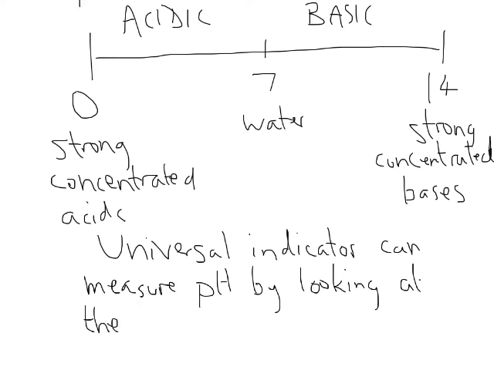If you look at the colour of the universal indicator, you can see that it changes colour, and by looking at the colour you know the pH of the thing that you were trying to test.